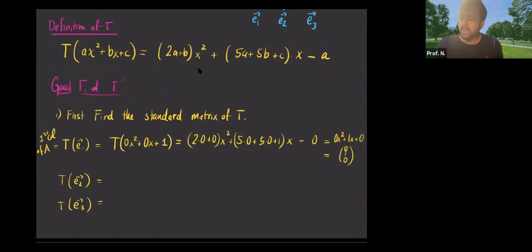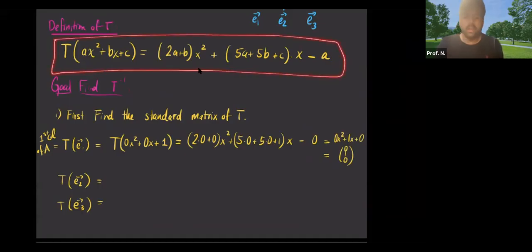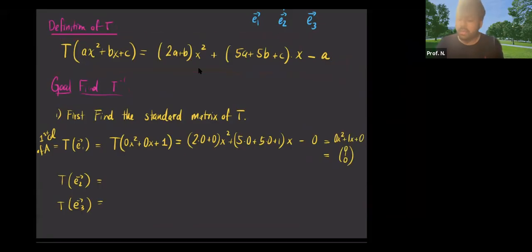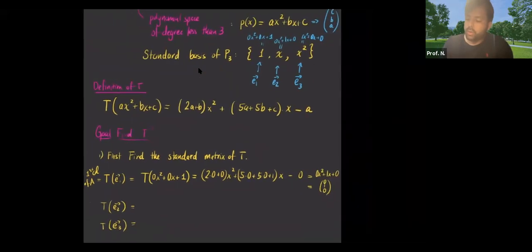So we have this transformation that's defined in this very strange way. It's a linear transformation, so I can find a matrix that's associated with it. Now, in the world we're currently living in, P3, they're all the polynomials that look like ax squared plus bx plus c. Every polynomial in here looks like this.